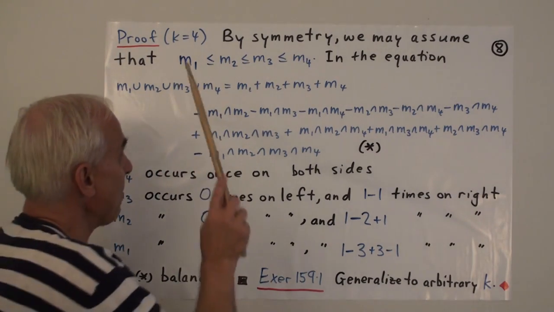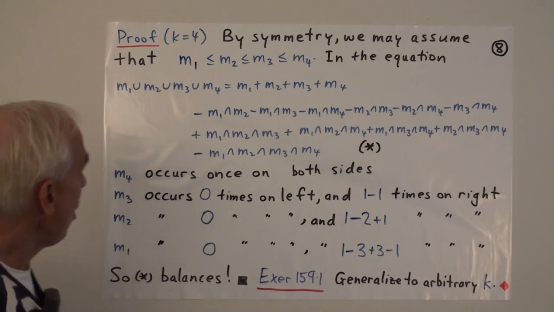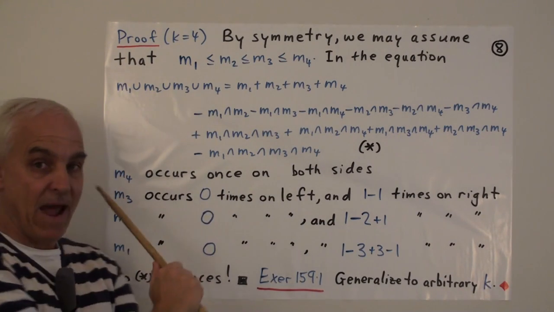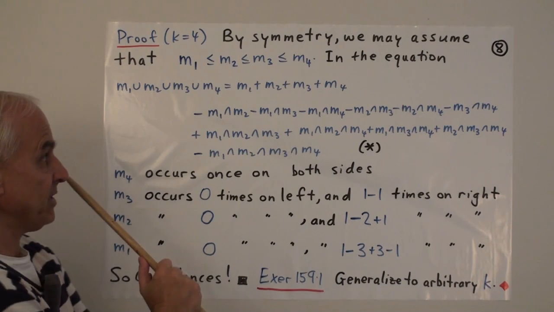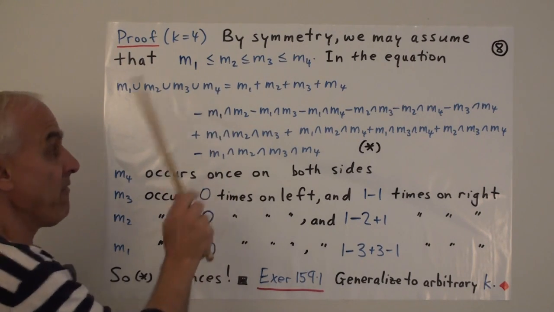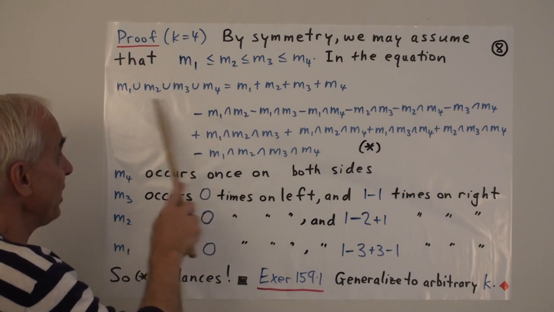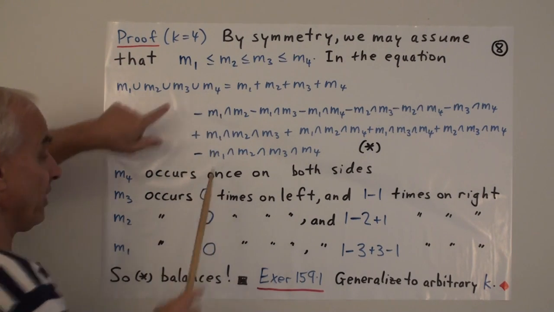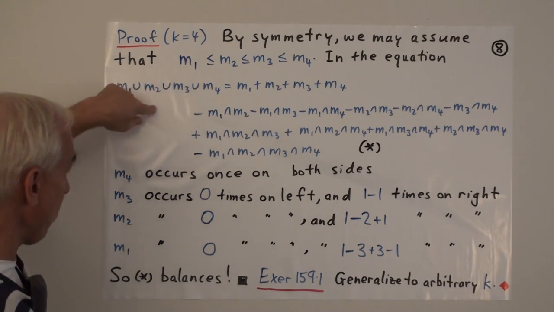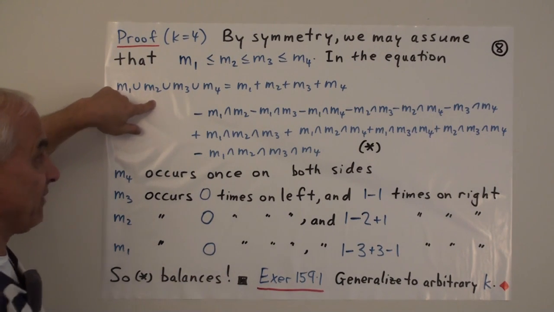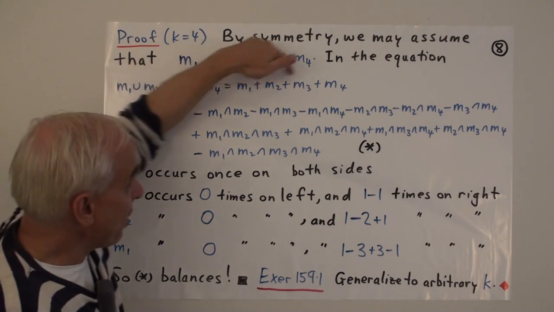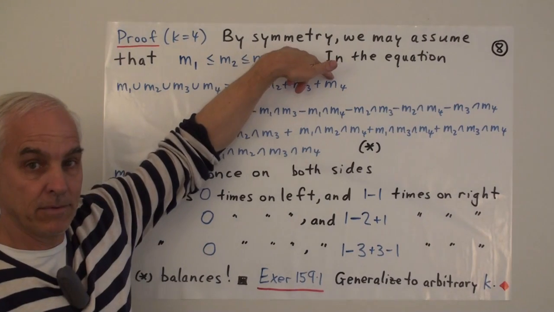So how many times is m4 going to appear here? Well, this thing here represents the maximum of these 4 numbers, and m4 is the maximum by agreement. So m4 does actually equal this. So when we evaluate this thing, we're going to get m4. So there's an m4 appearing once on the left-hand side. And the m4 appears also right there.